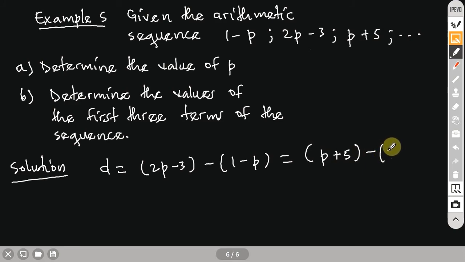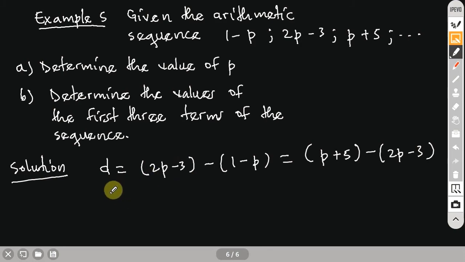So T2 is 2p minus 3. So it is T3 minus T2, or T2 minus T1, and it is equal to D, D being the common difference. So let's solve for this.